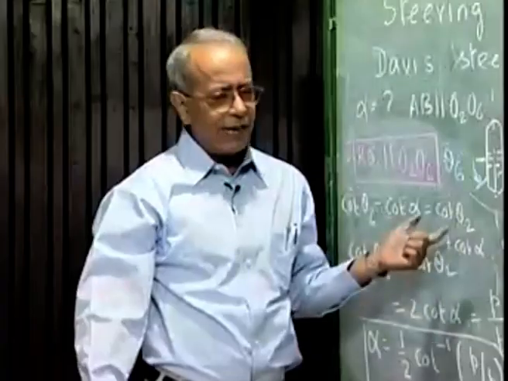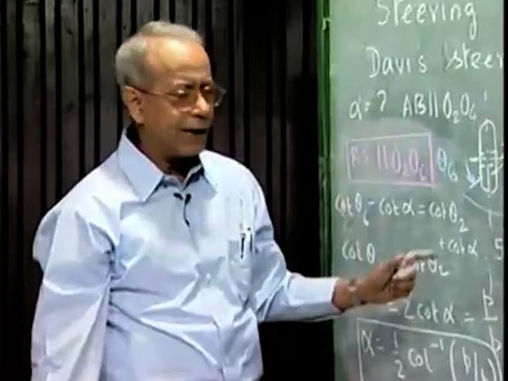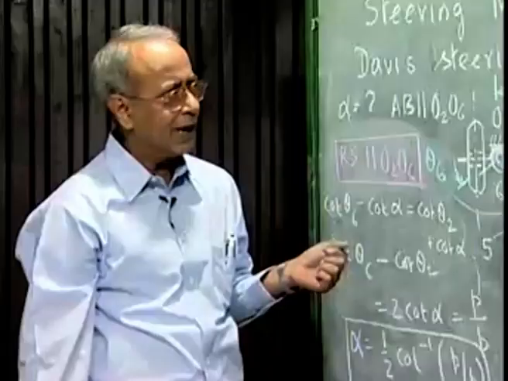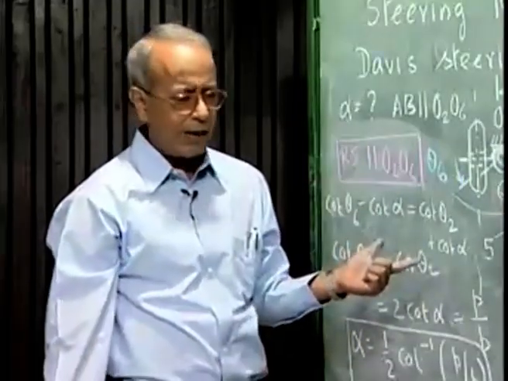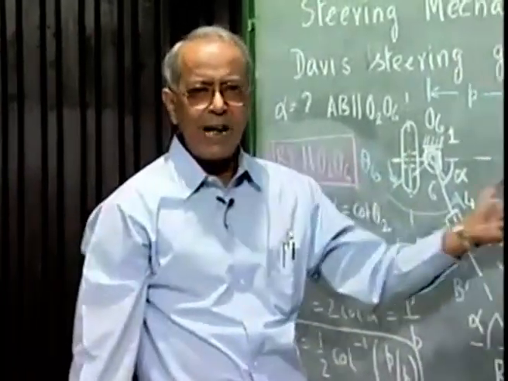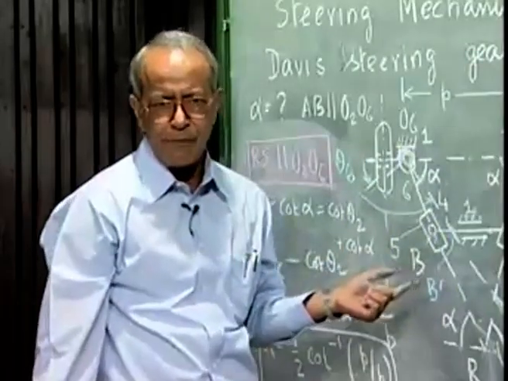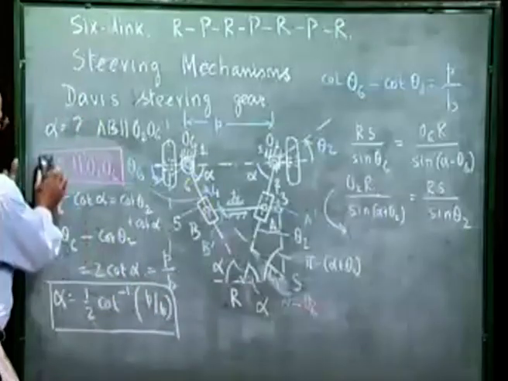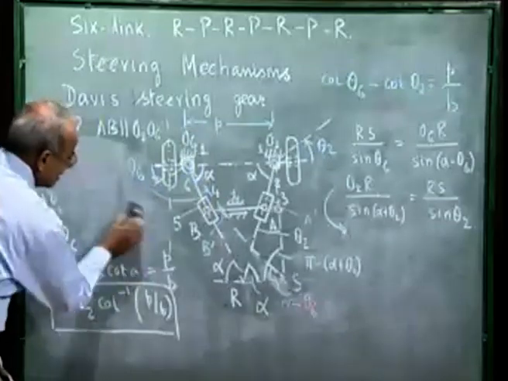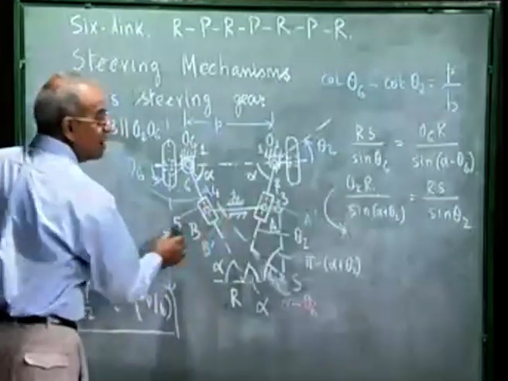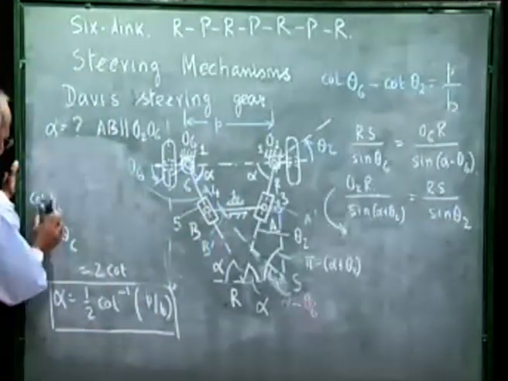So it has 7 lower pairs alternately RP, RP, RP, R. Though this Davis steering gear can maintain the perfect steering condition for all radii of turning, it is cumbersome to make because there are so many prismatic pairs and it is difficult to maintain. So Davis steering gear is a 6-link mechanism with 3 prismatic pairs and 4 revolute pairs.